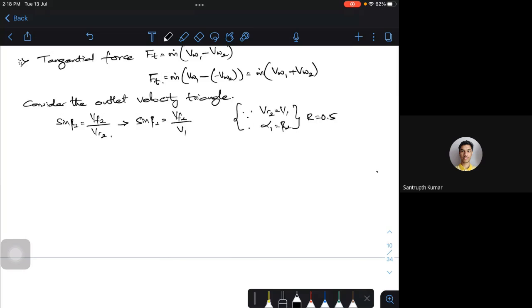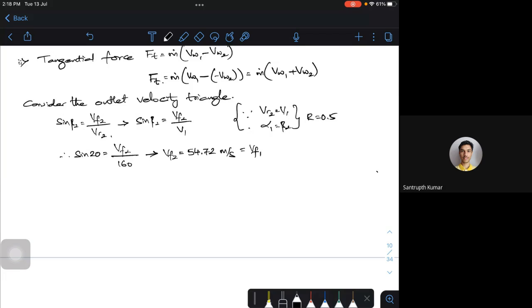Therefore sine 20 is equal to VF2 divided by 160. Therefore your VF2 is equal to 160 into sine 20, I am getting around 54.72 meters per second, which is also equal to VF1.